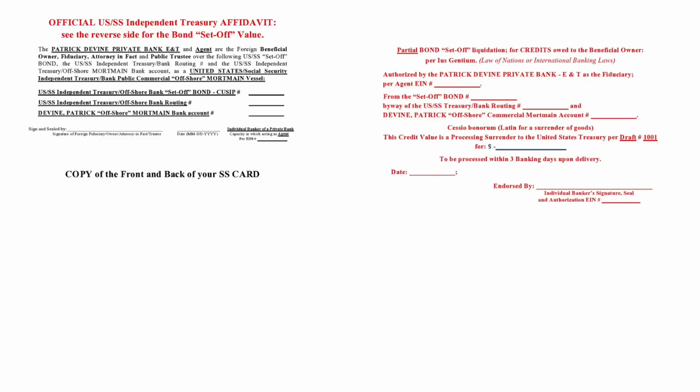And then, Patrick, did you say also put the negative amount there as well? Yes. On the affidavit? Yes, sir. On the back, that's a negative after the dollar sign. Do you have a suggestion on the amount?